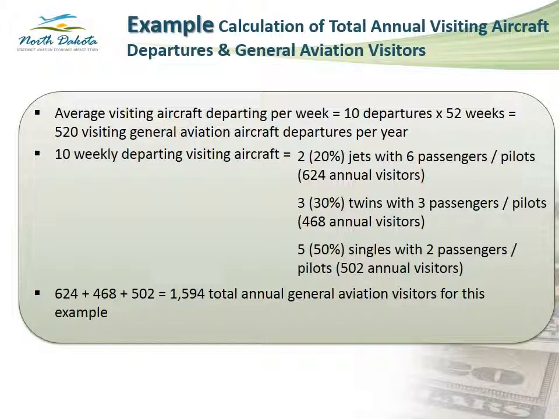The remaining 5 planes, or 50% of the total, of the 10 weekly visiting aircraft were single-engine planes that carried on average 2 visitors, adding another 502 general aviation visitors. So for this example, 624 plus 468 plus 502 equals 1,594 total annual general aviation visitors. Information for each airport's estimate of annual general aviation visitors can be found in the study's technical report.